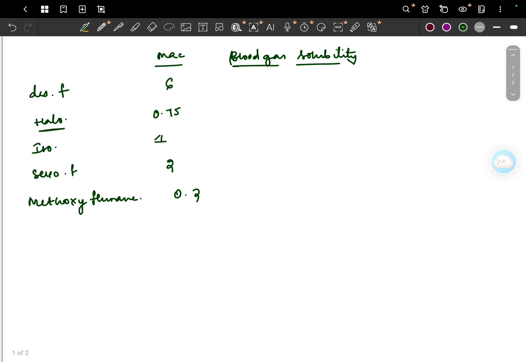What you have to remember here is that you can remember it much more easily in this order, as the mnemonic. So you will remember these numbers: 0.2, 0.75, 1, 2, 6, and you have N2O as well, which is 104.